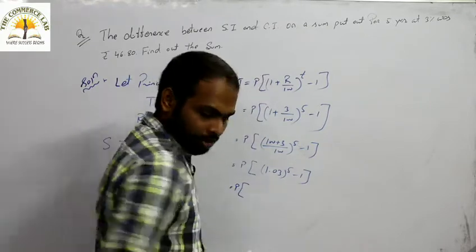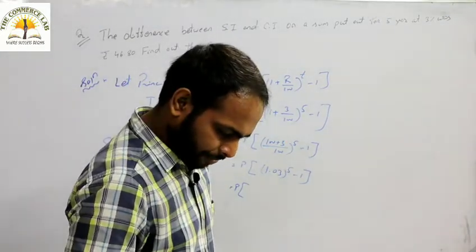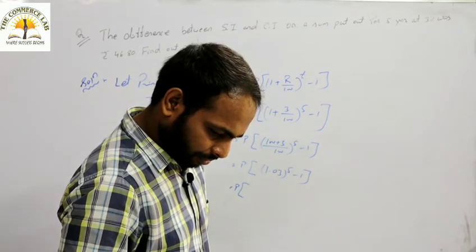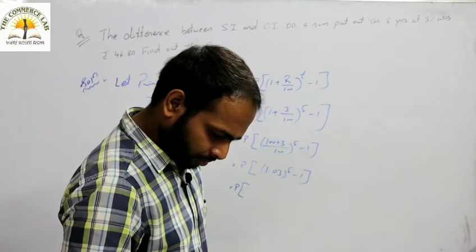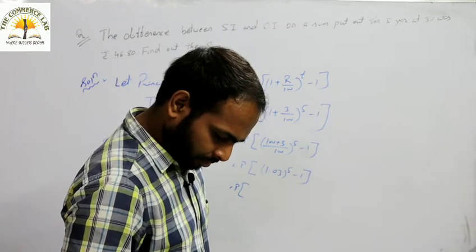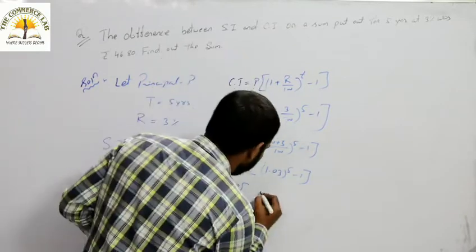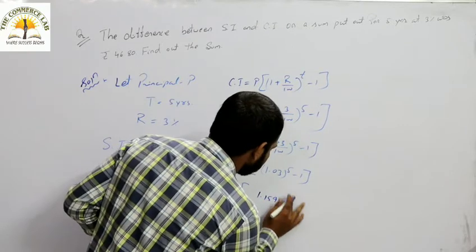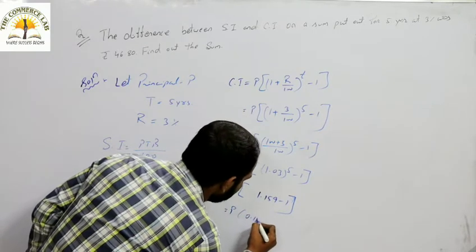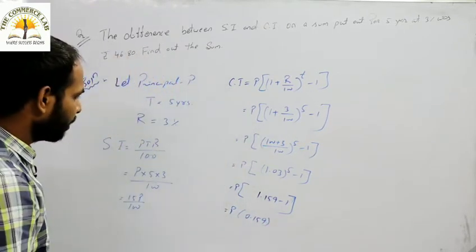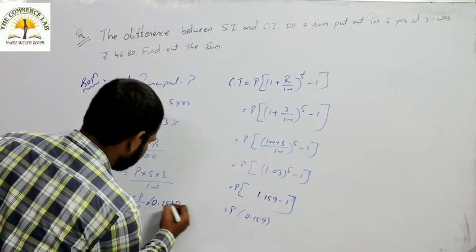So P into 1.03 to the power 5, that is 1.159 minus 1. This implies P into 0.159. This is 0.15 P for SI.